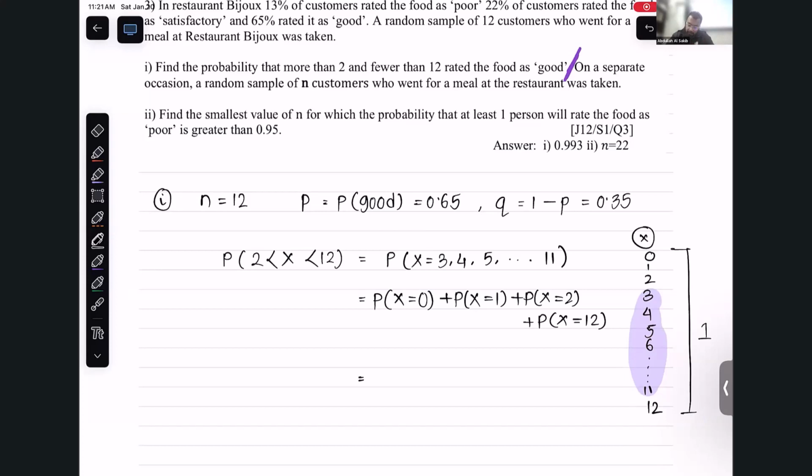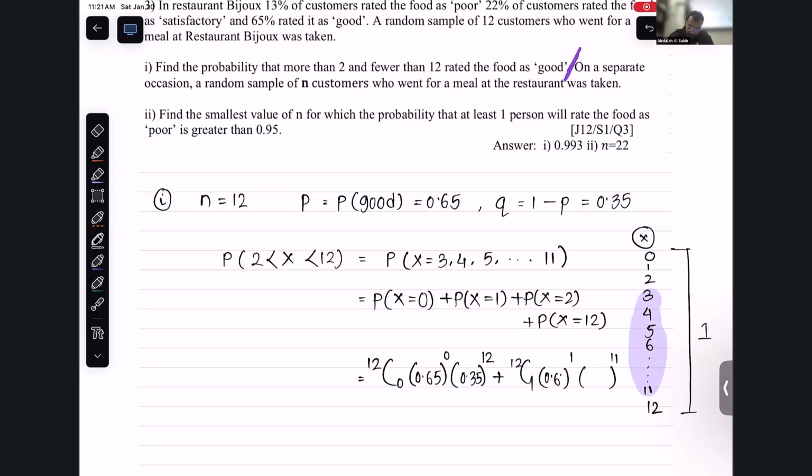So out of 12, it will be 12C0. So the customers who will tell it is good and not good will be 12 customers, so that is 0.65 and this is 0.35. Next, out of 12, it will be one customer that will tell you it is good and 11 customers will tell it is not good.